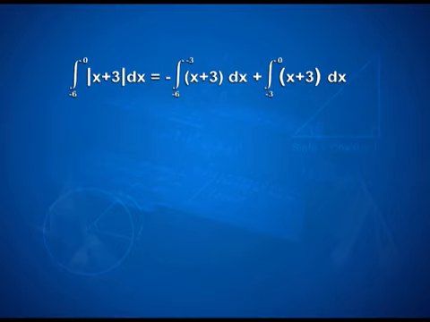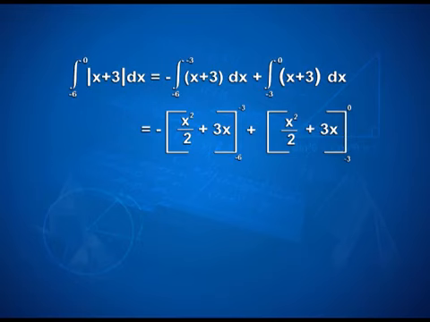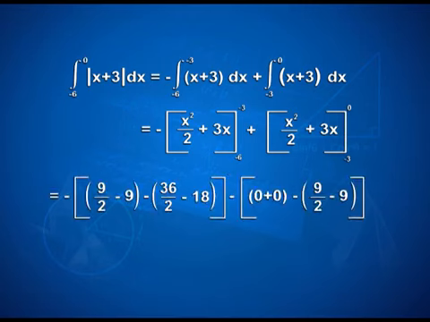Thus, integral minus 6 to 0 modulus of x plus 3 dx can be written as minus of integral minus 6 to minus 3 x plus 3 dx plus integral minus 3 to 0 x plus 3 dx, that is equal to minus of x square upon 2 plus 3 x with limits minus 6 minus 3 plus x square upon 2 plus 3 x with limits minus 3 and 0, that is equal to minus of 9 upon 2 minus 9 minus 36 upon 2 minus 18 minus 0 plus 0 minus 9 upon 2 minus 9.